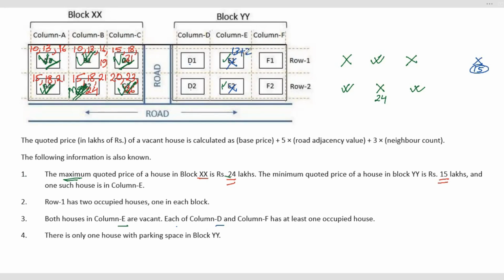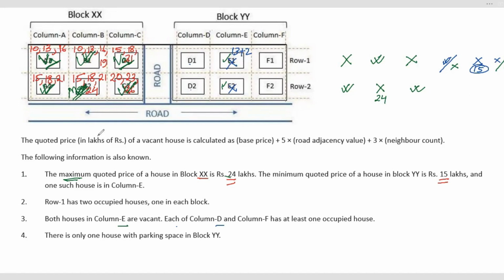That means one of them will be occupied. Either it is occupied, or it is not occupied. Similarly here, one case will be occupied, another not occupied. That would be the scenario to achieve that 13 value.